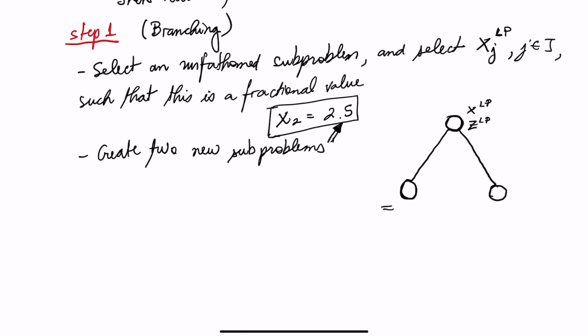To the optimization problem of the left, we will add a constraint that will look like xj is less than or equal to the floor operator associated to that element. And in the right branch of that original node, I'm going to add a constraint to that original model that will be xj is greater than or equal to the floor of xj of the LP plus 1.